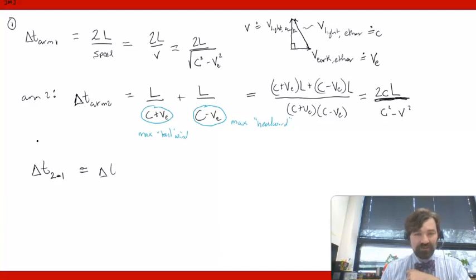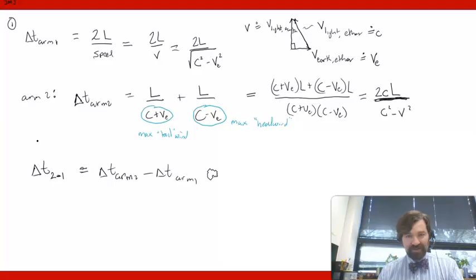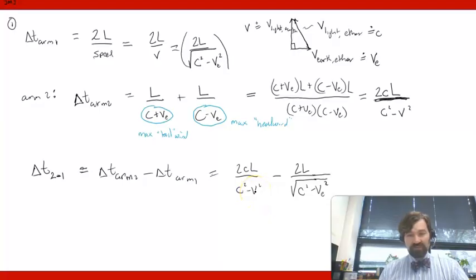So this would be delta t arm 2 minus delta t arm 1, and basically we're just subtracting this from this. So what we have is 2cL over c squared minus v Earth squared, minus 2L over the square root of c squared minus v Earth squared.